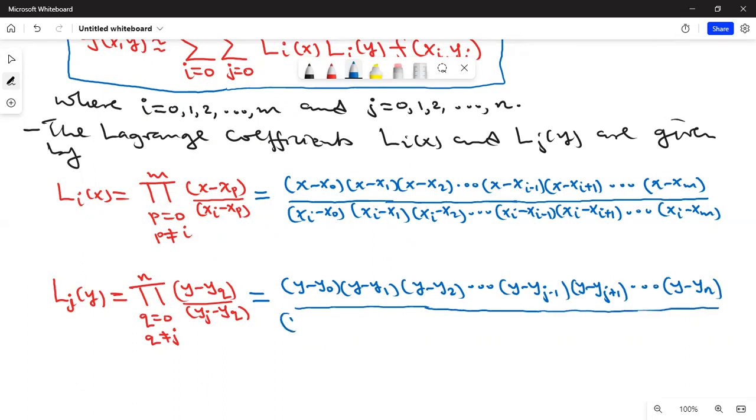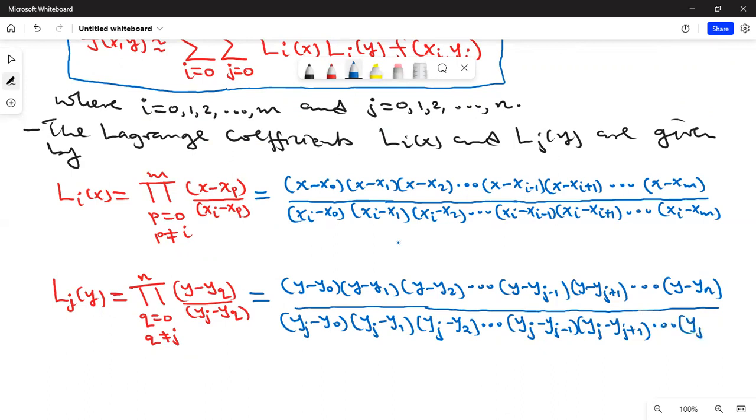So we'll have yj minus y naught, yj minus y1, yj minus y2, times so many other factors, then yj minus y j minus 1, yj minus y j plus 1, times yj minus yn. Those are the Lagrange coefficients.